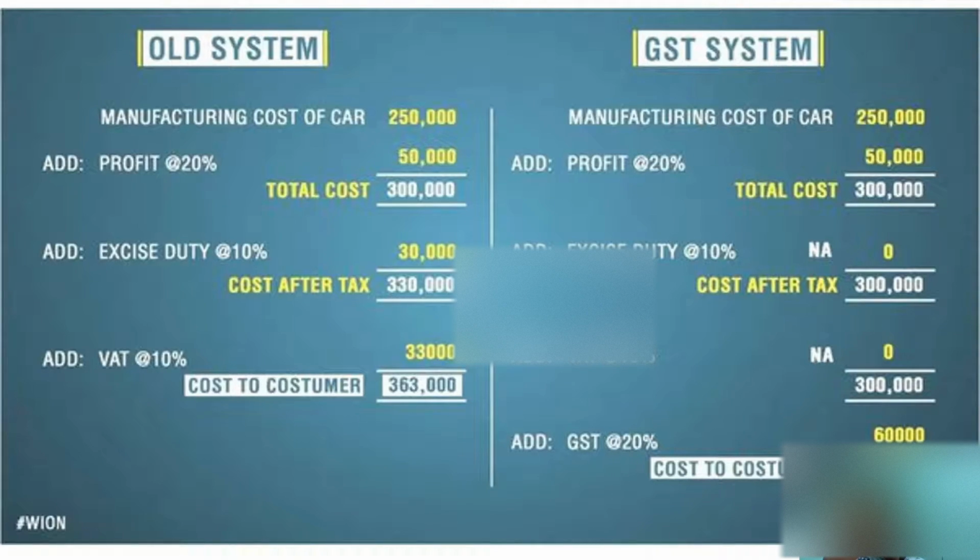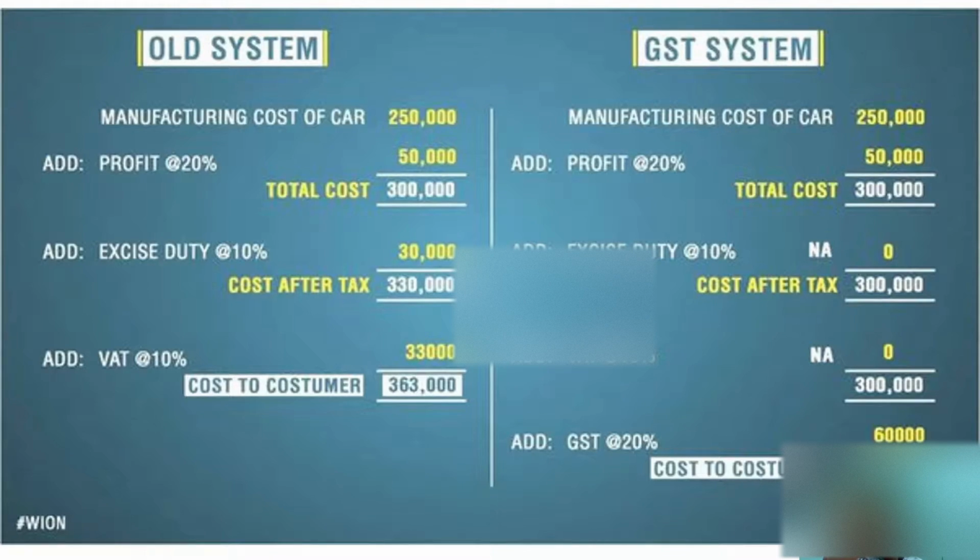Now they do not have excise duty, so they need not pay excise duty, and that comes to 0 rupees. So it is again 3 lakh rupees. And then there is no VAT, so that is also removed. Then they pay GST of 20%.